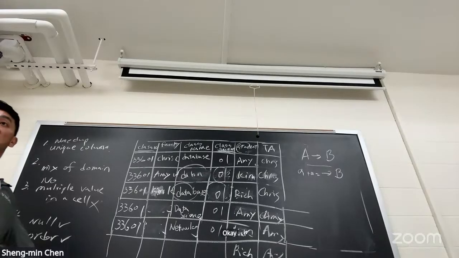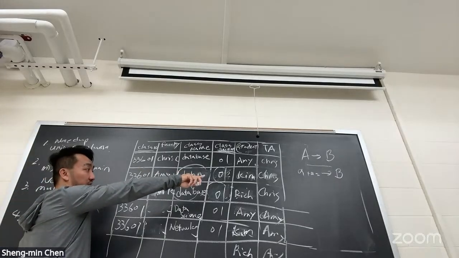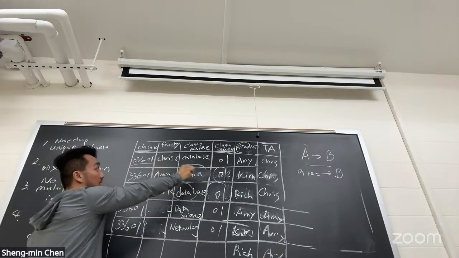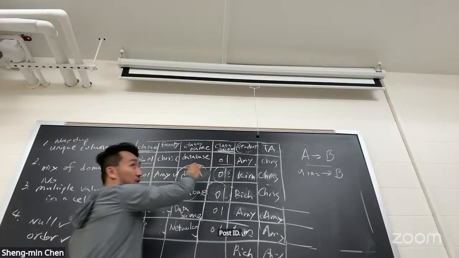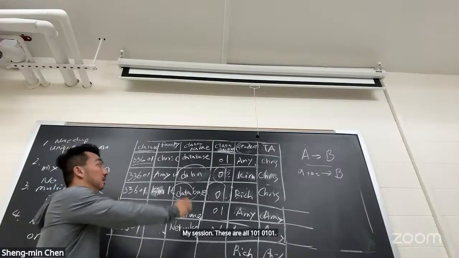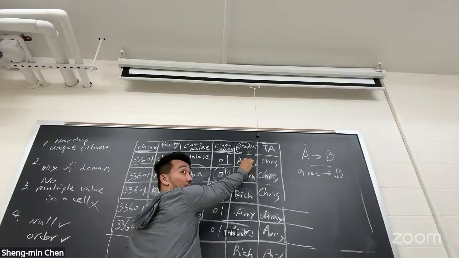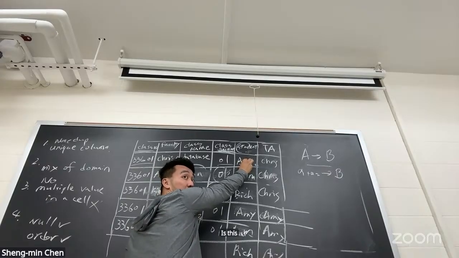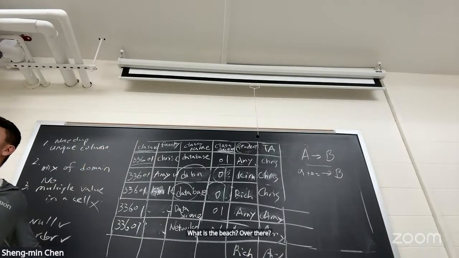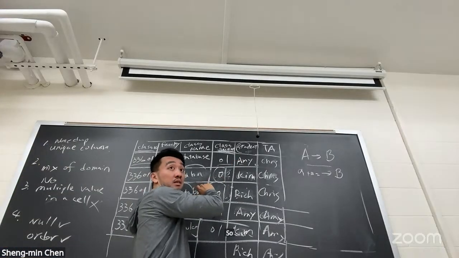Okay? Furthermore, A1 plus A2, therefore B. Class ID, class section, these are 0101, 0101. These two together are 1 key. This is B, right? What is the B over there? Non-key attributes. So is student a B?